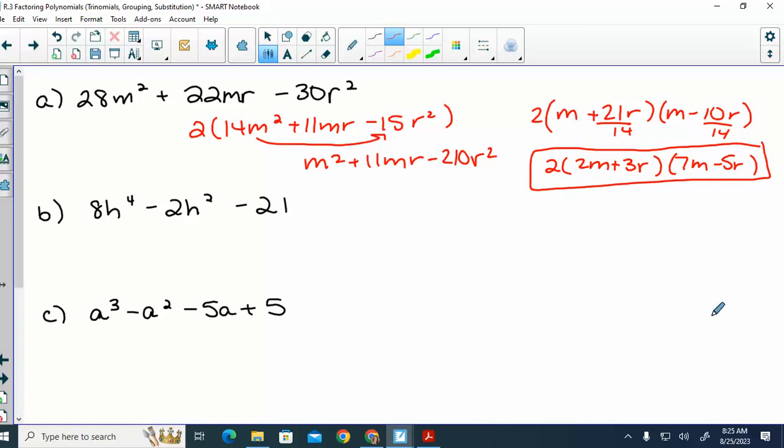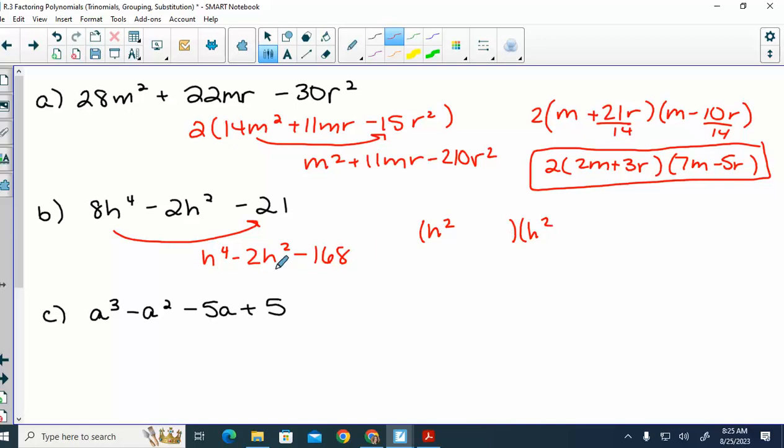Alright, second one. No GCF, so we can do slip and slide. What do you do with the h to the 4th? 1/7 c²h².